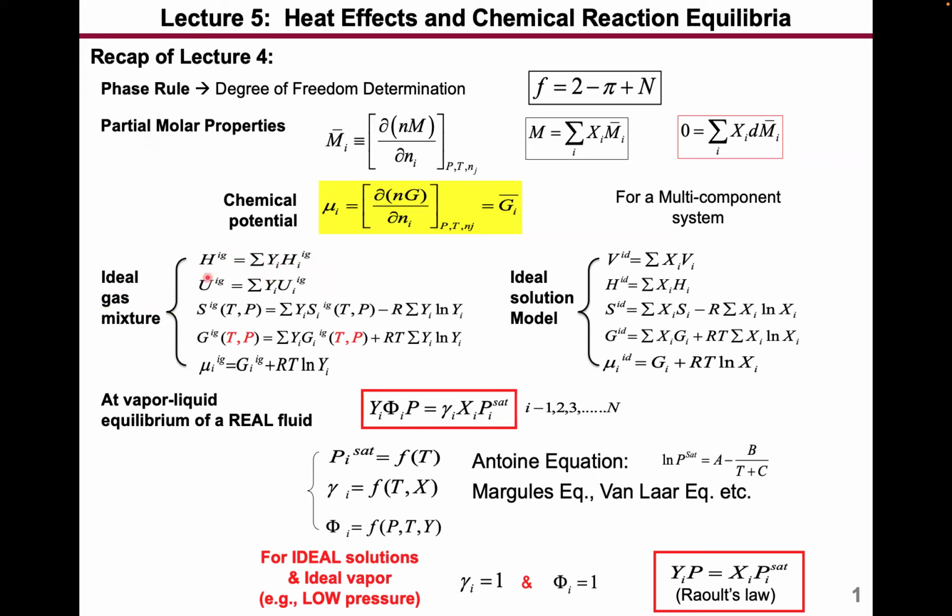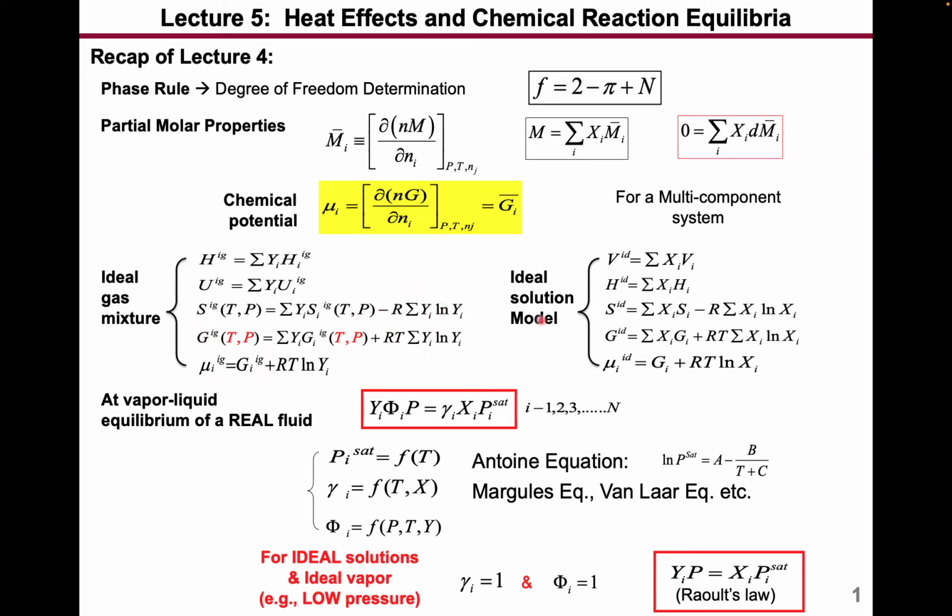Remember, for enthalpy and internal energy, you don't have any additional terms, just the molar fraction times the pure properties, summed up. But for entropy and Gibbs free energy and chemical potential, you actually need additional terms. These additional terms are because of the difference between the system pressure and the partial pressure of these species.